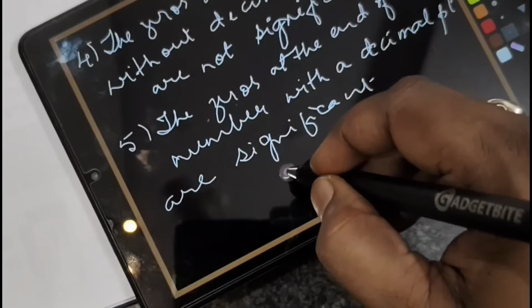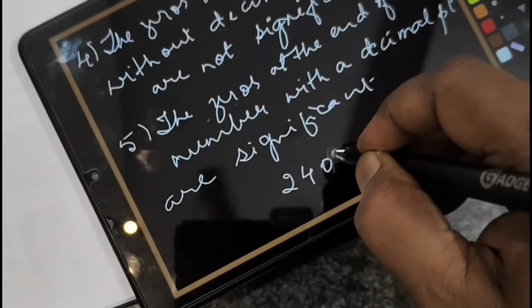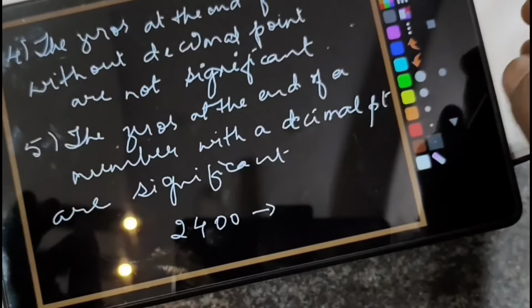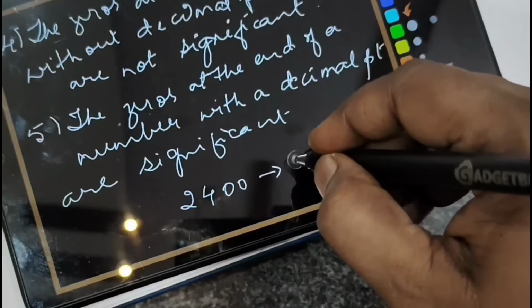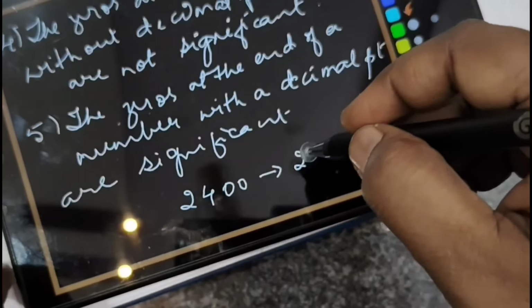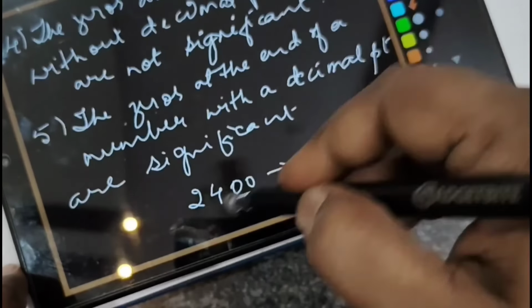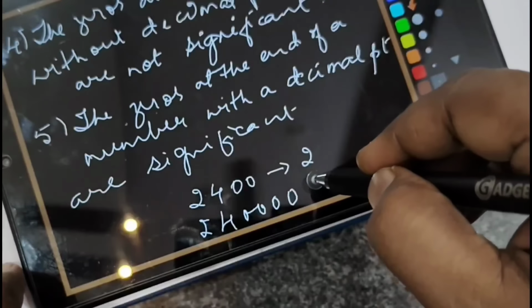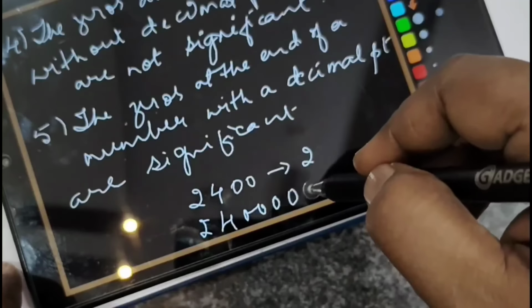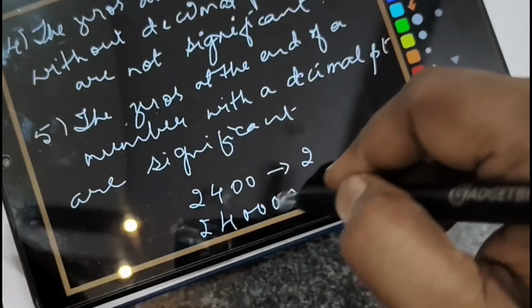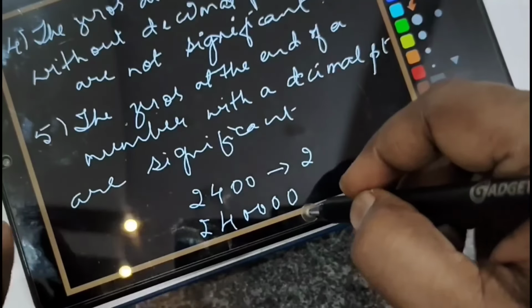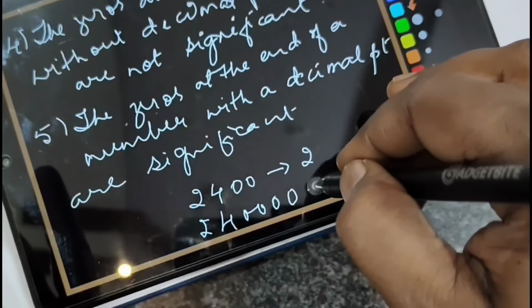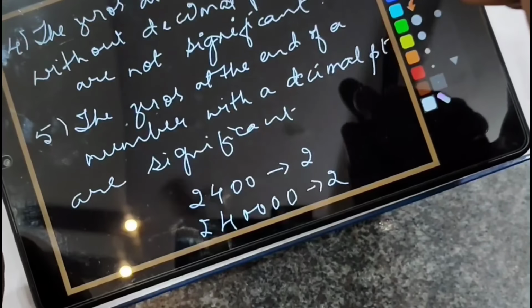Suppose it is 2400. So here there is no decimal point. Okay. So here the significant figure is 2. And how many ever it may be, 2000 or 2400, 24,000 or 2,40,000, anyhow how much the big number it is, but if there are zeros without a decimal point, then it will be only two significant figure.